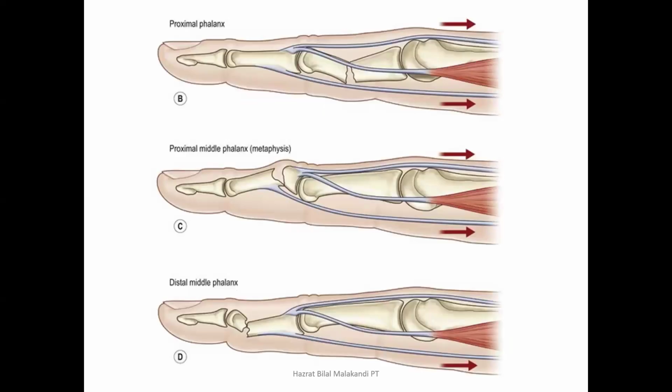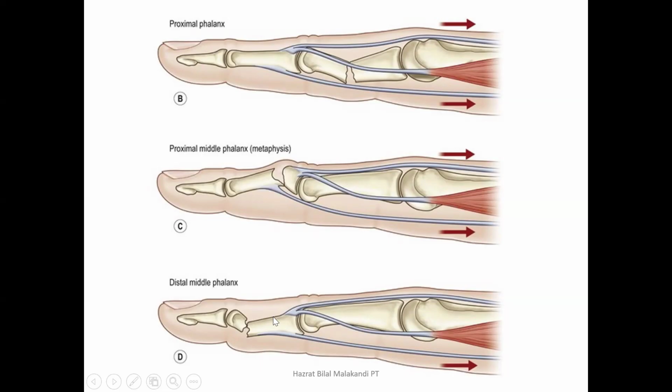So we can see here, this is the dorsal surface, this is the extensor tendon. It is attached at the base of the middle phalanx, while the flexor tendon is attached somewhat distally on the volar surface of the phalanx. So if there is a fracture proximal to this attachment of the flexor tendon, then there may be a flexion deformity.